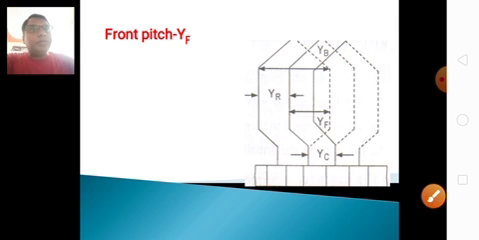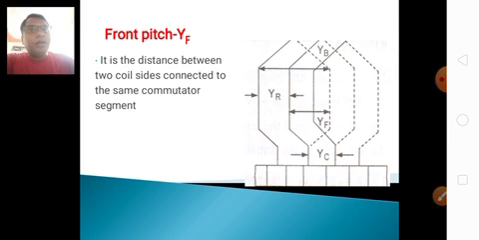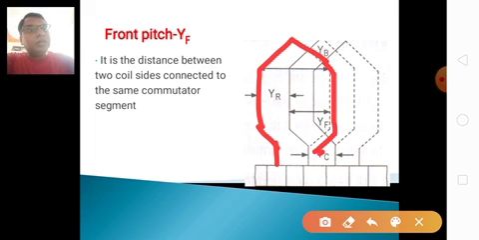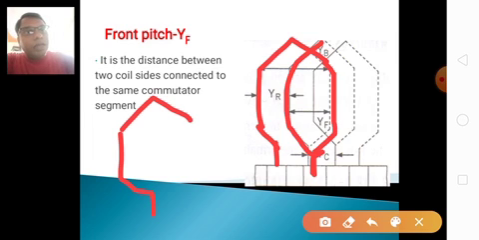Next, front pitch. Front pitch is the distance between two coil sides connected to the same commutator segment. See here, it is showing the same commutator, and this conductor goes like this. Practically it is available like that.